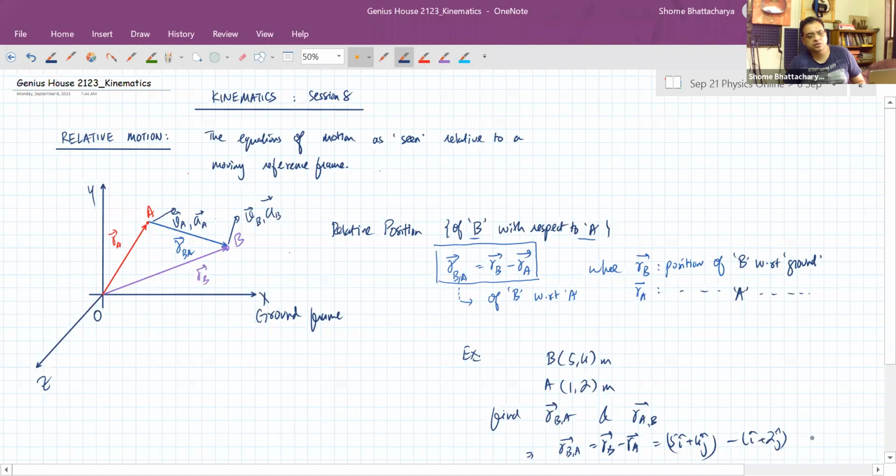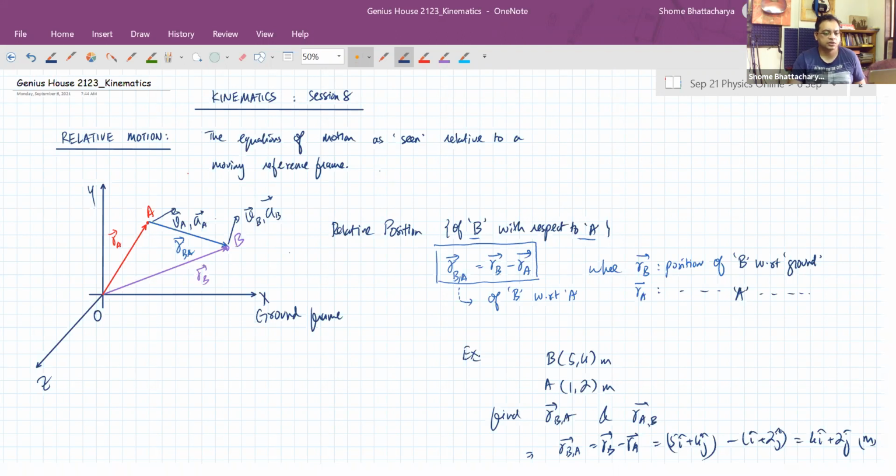So it becomes this quantity, 4 i cap plus 2 j cap. So if you are located at A, with respect to you, the position of B would look like this. It would be 4 units along the x-axis plus 2 units along the y-axis. That would be the position of B with respect to A.